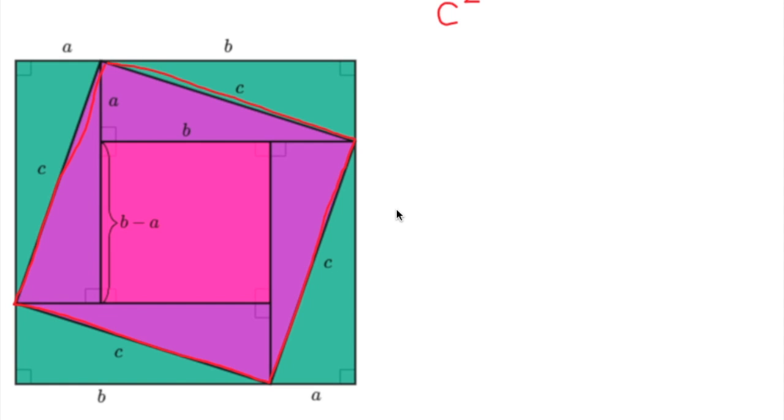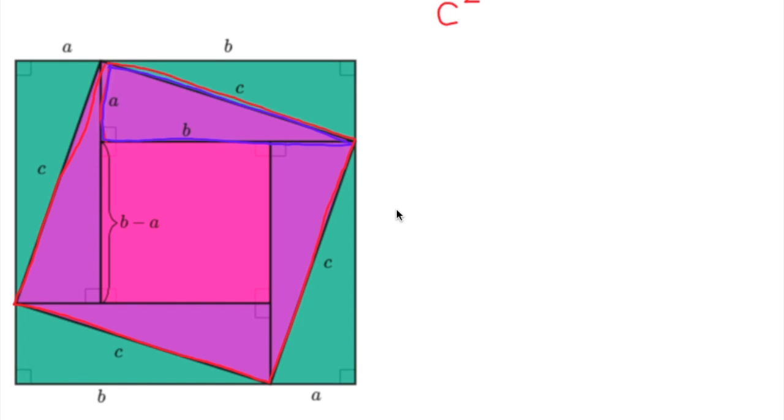So we're going to use these green triangles to help us along the way. What I'm going to look at first is this purple triangle up top here. I have a green triangle above it.